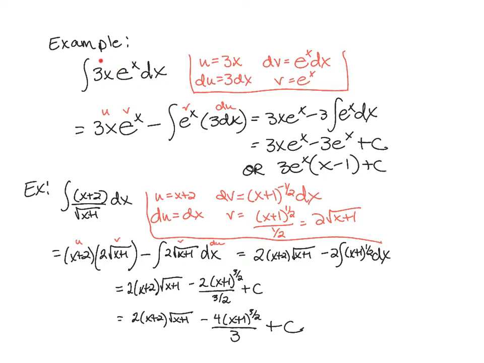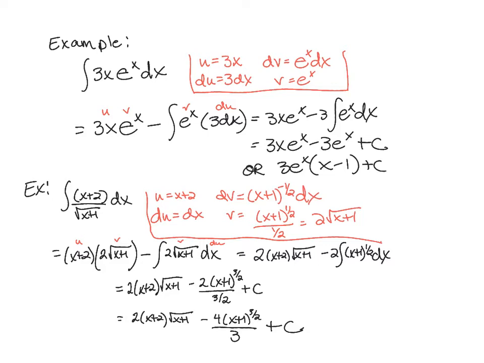And you see we've got too much stuff. So anytime there's too much stuff, you always try substitution first. But if you've got an extra function of x, you've got to change gears and try integration by parts.